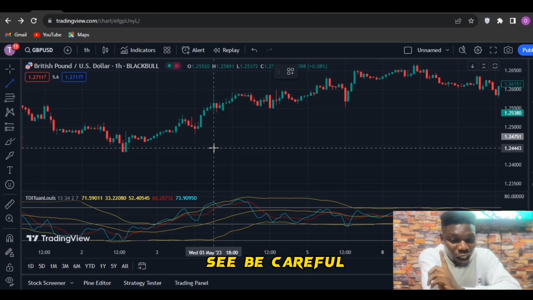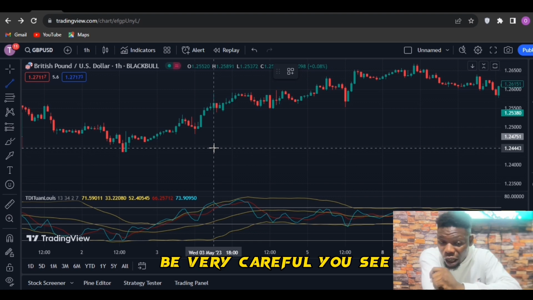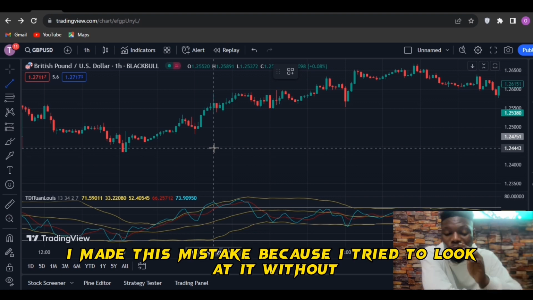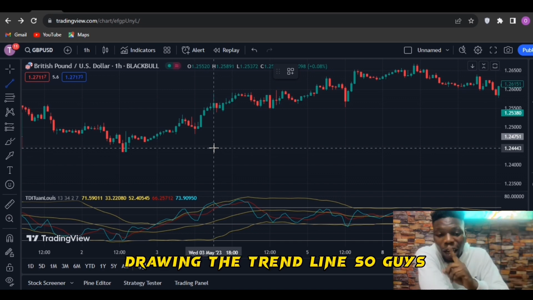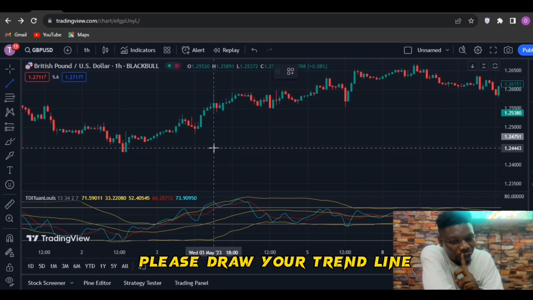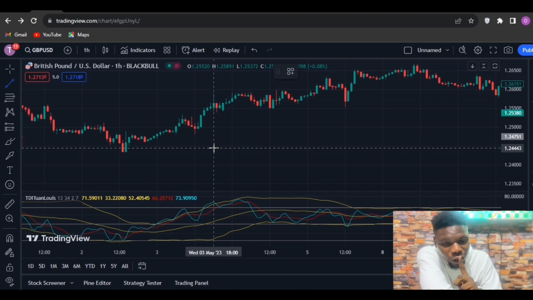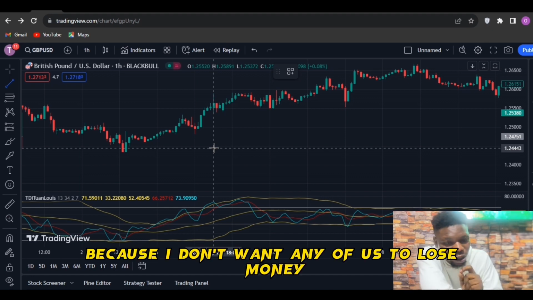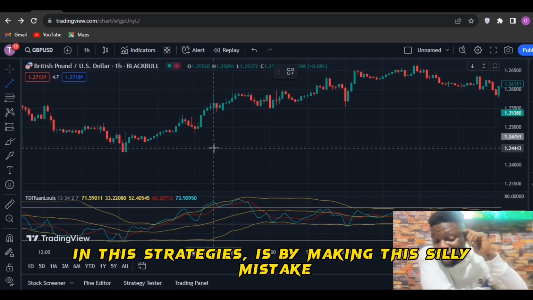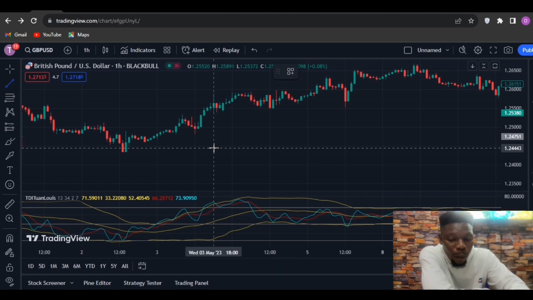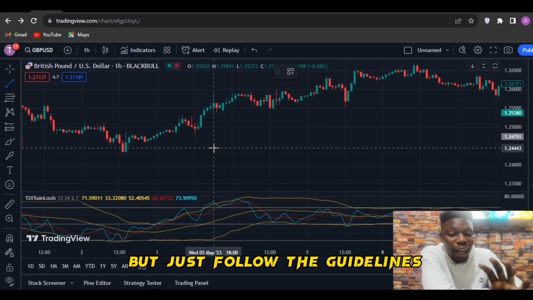So guys, see, be very careful. I made this mistake because I tried to look at it without drawing the trend line. So guys, please draw your trend line, because I don't want any of us to lose money. The only way we can lose money in this strategy is by making this silly mistake. But just follow the guidelines.